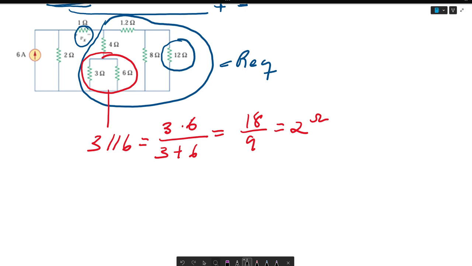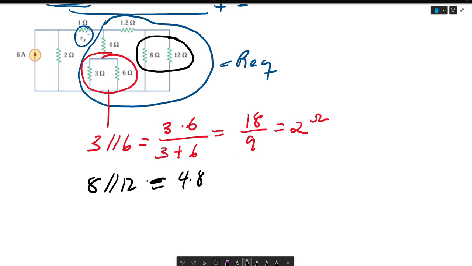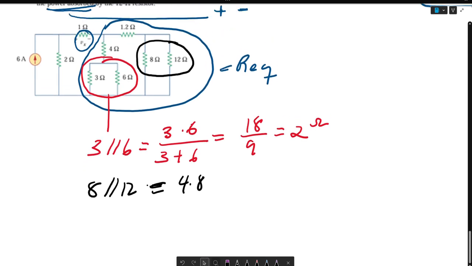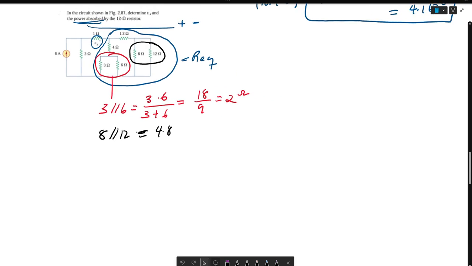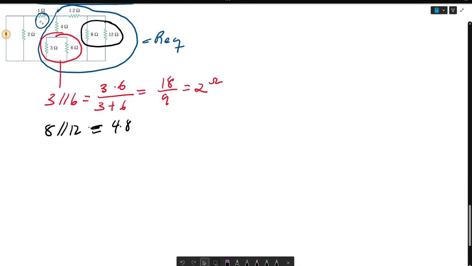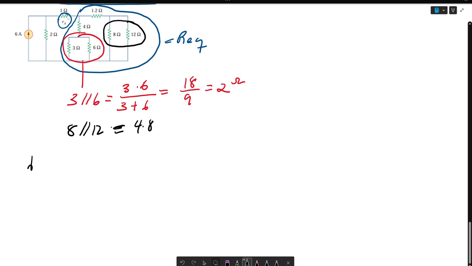This here is 8 parallel 12, which is equal to 4.8, using the same methodology. So now our equivalent circuit looks like, let me redraw it.